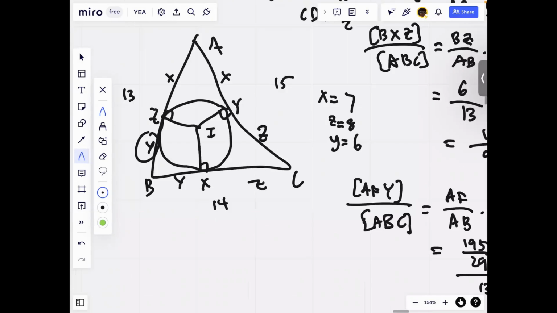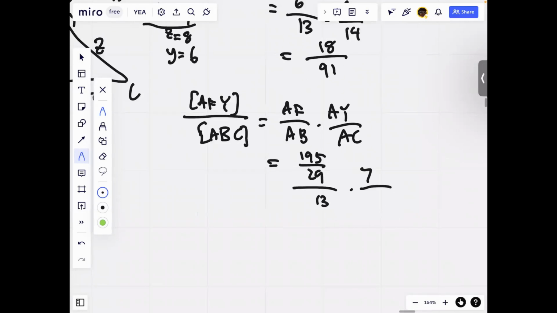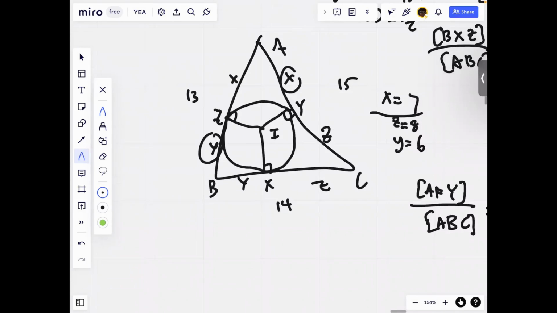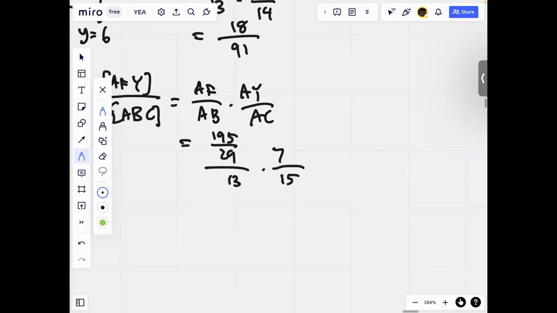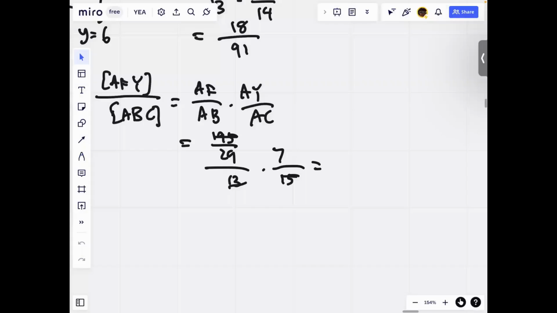AY was X, and X is equal to 7. And then AC is 15. So if we calculate this, 195 is just 13 times 15, so we can cancel. And then this is 7. So we get this is equal to 7 over 29.